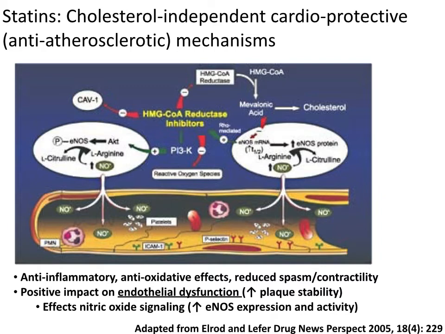And then there are the cardioprotective mechanisms that are independent of cholesterol. Yes, this figure is horrible. I have searched for better figures, and I think I'm going to have to create one, but focus on the words. So the statin effects on the vessel wall are independent of cholesterol lowering. Okay? Anti-inflammatory, antioxidative effects.